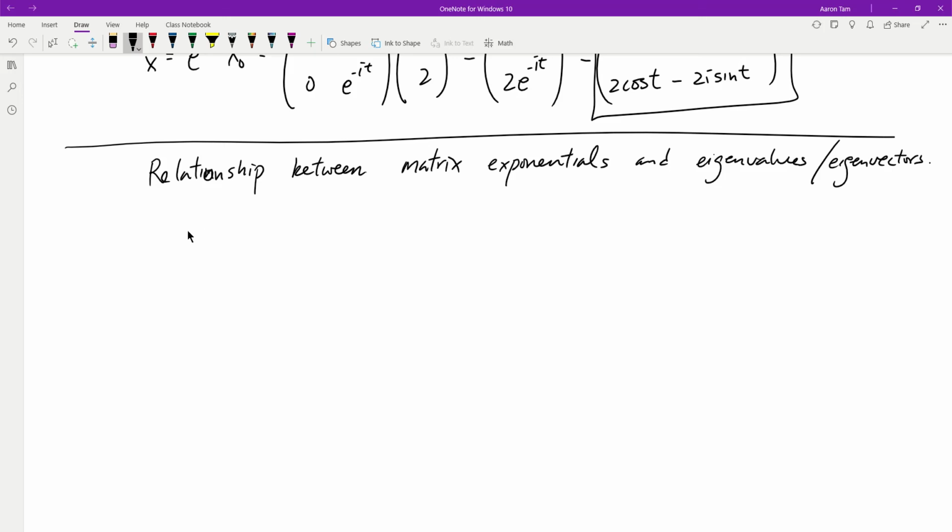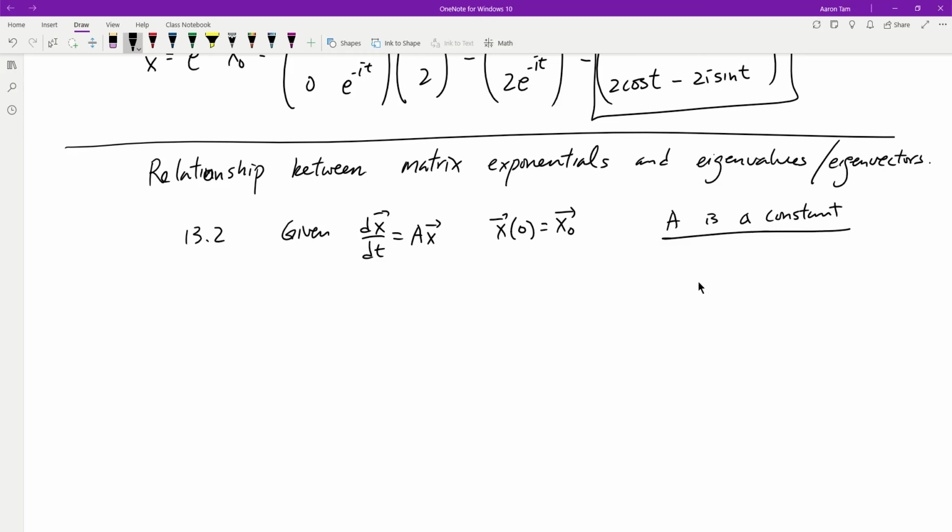In 13.2, this section, we just learned the following. If we're given a differential equation in this form with an initial condition, vector x of 0 equal to x sub 0, where remember A is a constant matrix, then we know the solution is vector x equal to e to the tA times vector x sub 0.